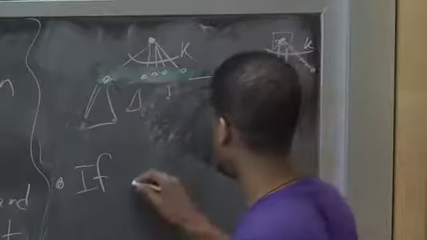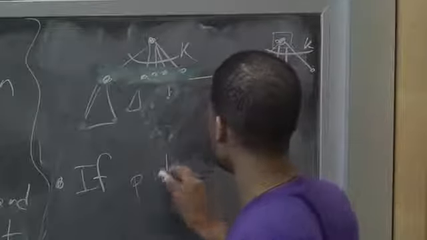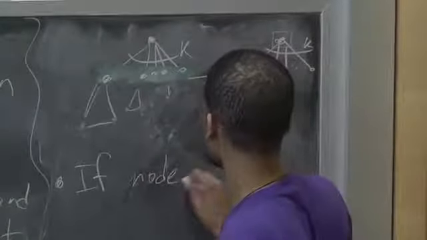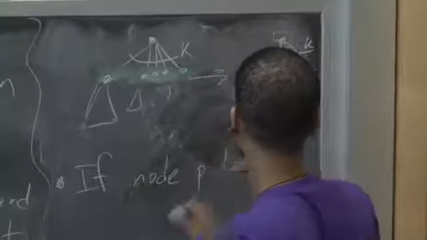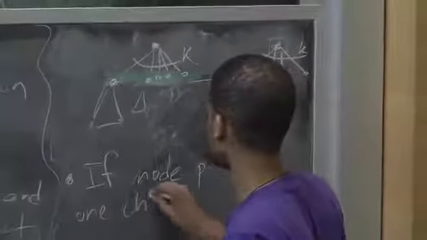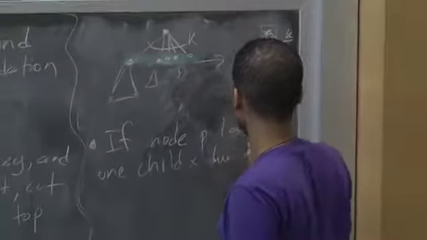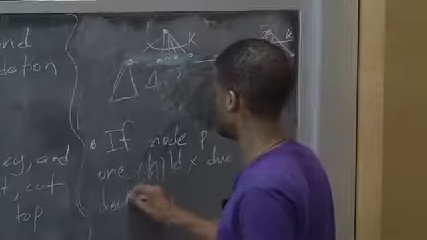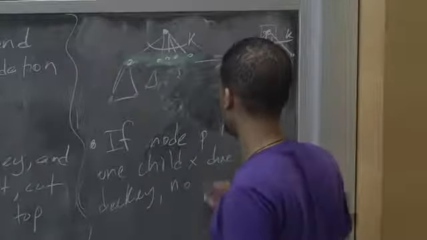If node P loses one child x due to decrease key, no problem.